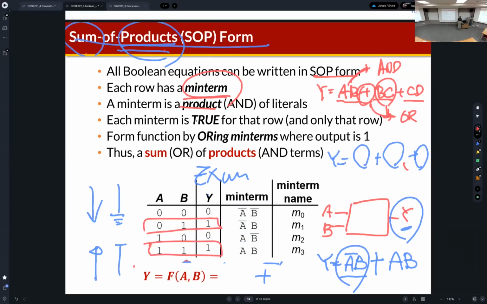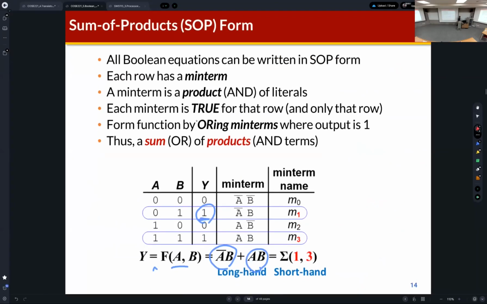There are 2 rows in this example, and then we can figure out min terms that can make y 1, right? Then we can just add these min terms. And that's it. This is the sum of products form.